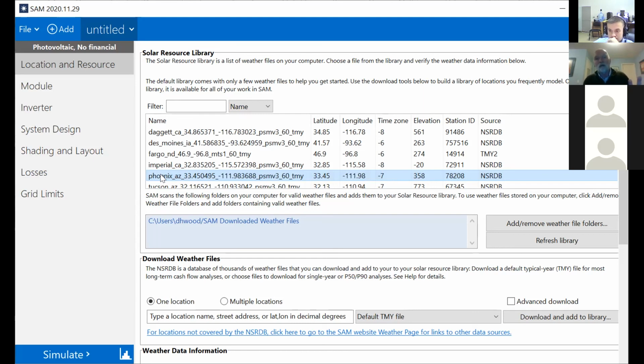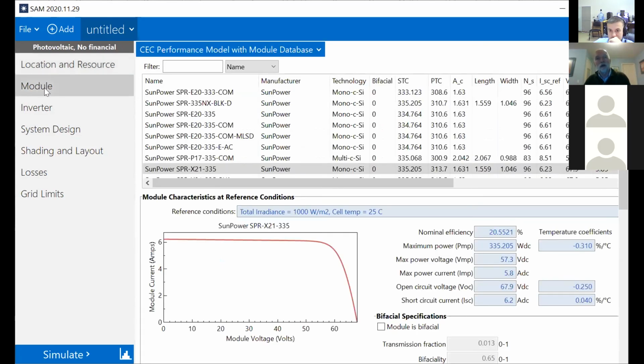So when you start the analysis with SAM, you specify the location, you move on to specify the module, and SAM has a database of a large number of different photovoltaic modules that you can analyze. For this very introductory purpose, it doesn't matter what it is. It's just a typical commercial PV module.